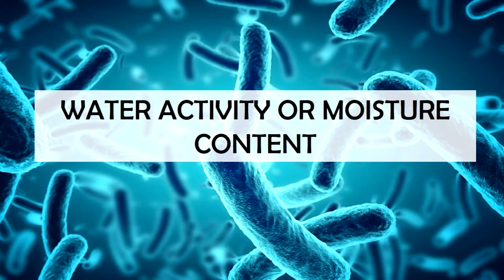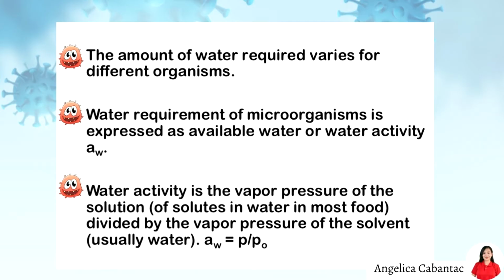The next one is water activity or moisture content. Water is an excellent solvent for all life processes. The amount of water required varies for different organisms, and this is expressed as available water or water activity, or A subscript W. Water activity is the vapor pressure of the solution divided by the vapor pressure of the solvent, expressed as aw = P/P0.